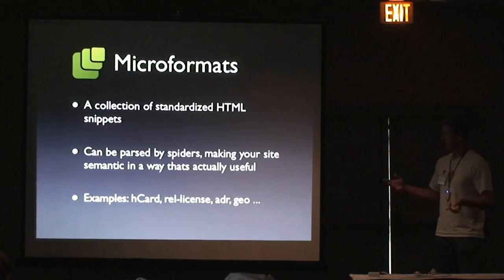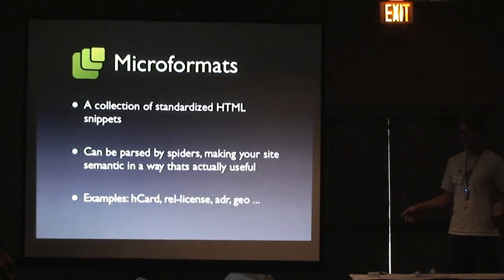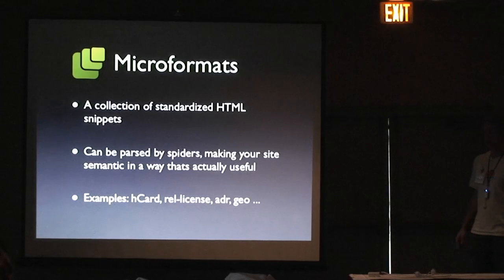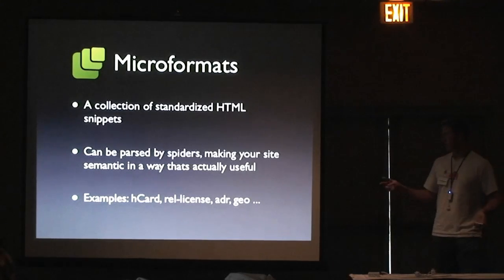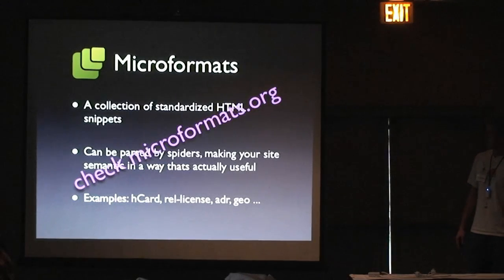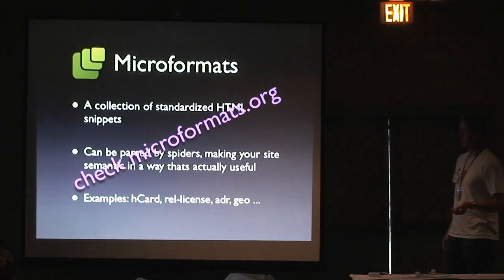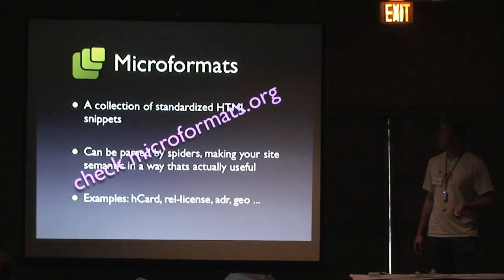Well, then there's, for example, rel-license, if you need to express licensing information in the document. There's adr for address information, and geo for location stuff. And I believe the latter two are in hcard. If you want to have more information on that, go ahead and check out microformats.org. It's actually pretty cool stuff.